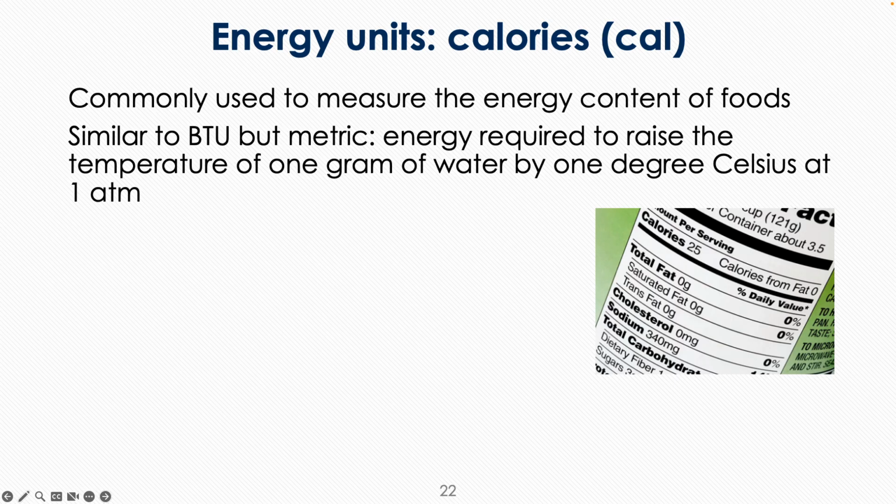So 1 calorie is the energy required to raise the temperature of 1 gram of water by 1 degree Celsius at 1 atmosphere. And if you remember, a joule is the same thing except it's 0.24 degrees Celsius. So roughly 1 calorie is about 4 joules.